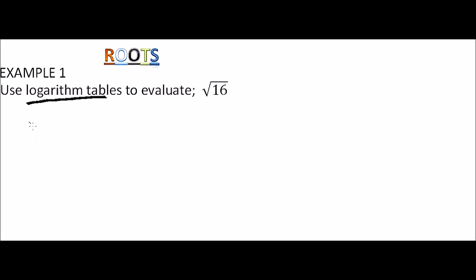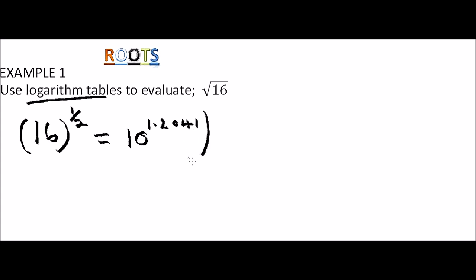So we have 16. The square root of 16 is the same as 16 to power a half, which 16 we can write using the logarithm table as a power of 10. So we can say 16 is the same as 10 to power 1.2041, and then in brackets to power a half.